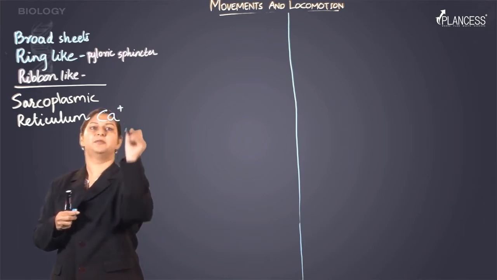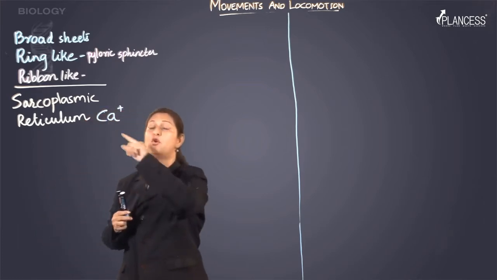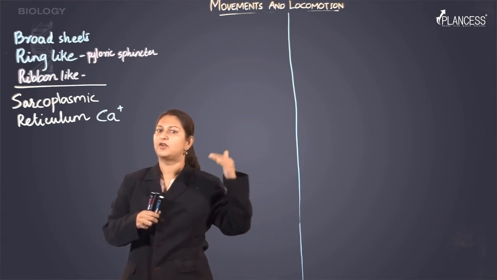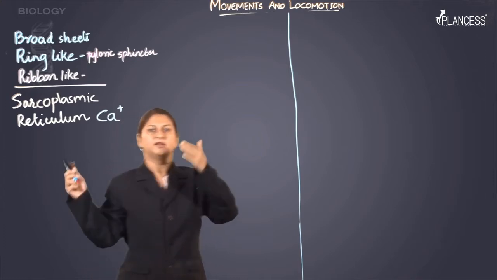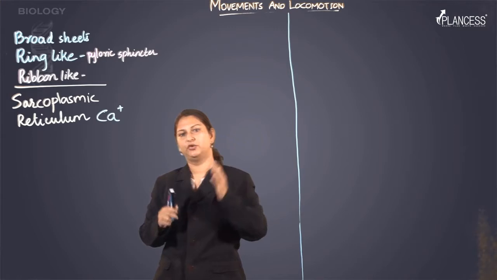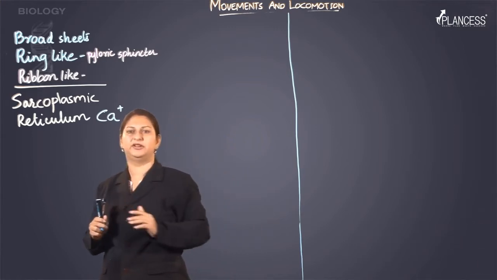These calcium ions are stored in the sarcoplasmic reticulum, and they will trigger off the process of movement. Alright, we'll come back to it later when we are doing the biochemical part of the musculature.